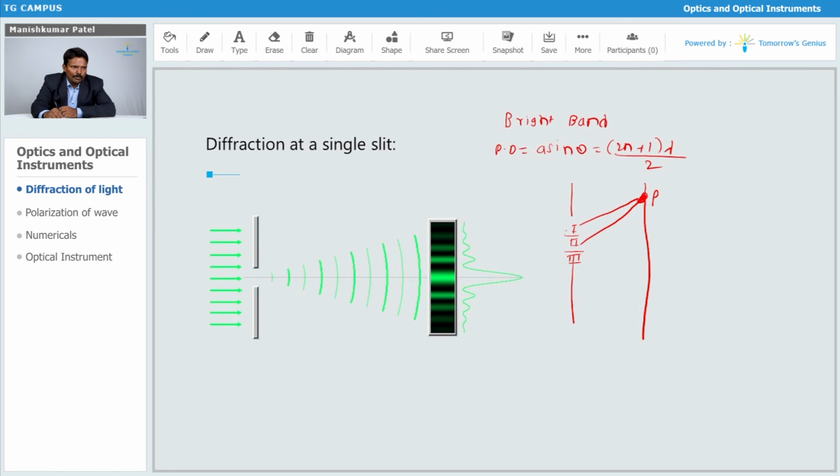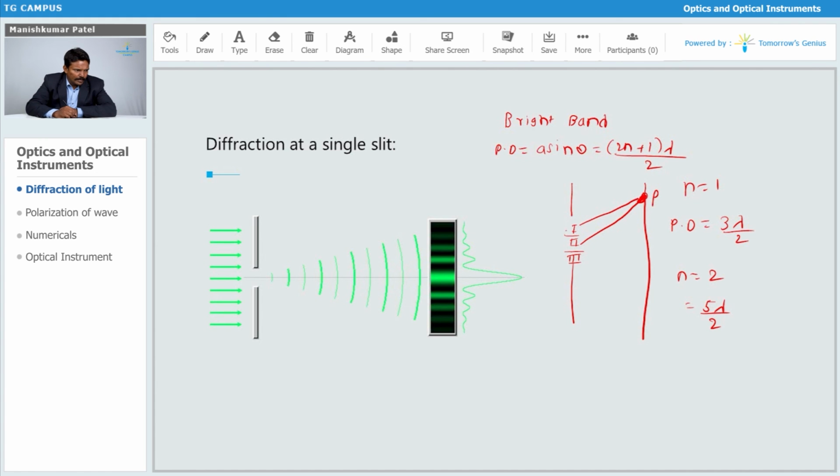If I put n equals 1, that is the condition, which is nothing but 3 lambda by 2, so that is the first bright band. Again for the second bright band, that is 5 lambda by 2. So this is how we can describe the dark band and bright band.